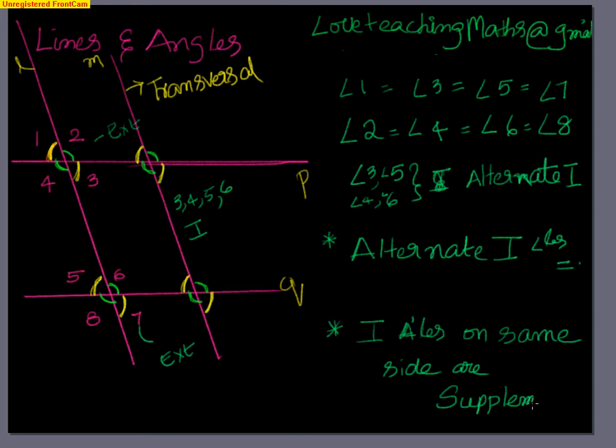Interior angles on the same side are supplementary. So we are able to derive 3 points from this. The corresponding angles are equal. We don't need to do any proof for that because it's just common sense.